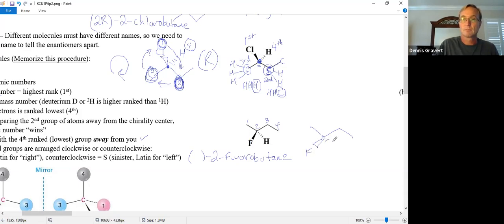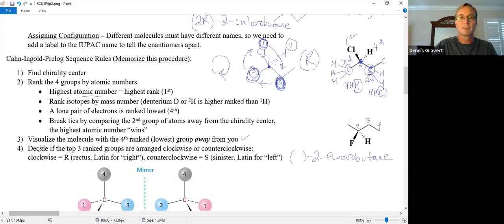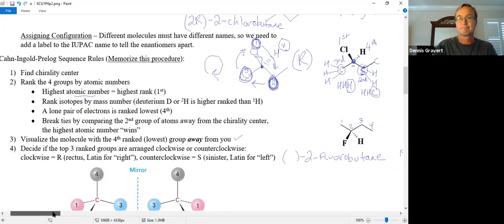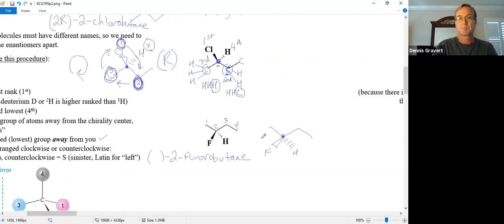Okay, so here's my chirality center. Go back to the procedure real quick. That's step 1. Find the chirality center. Step 2 is to rank it. Step 3 is to look out with the lowest group away, 4th rank group away, and then decide if it's clockwise or counterclockwise.